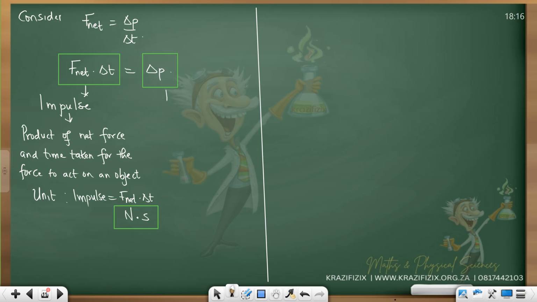And on the other hand, what is this? Change in momentum. So you would notice this is the relationship between them. Impulse has the same magnitude as change in momentum.